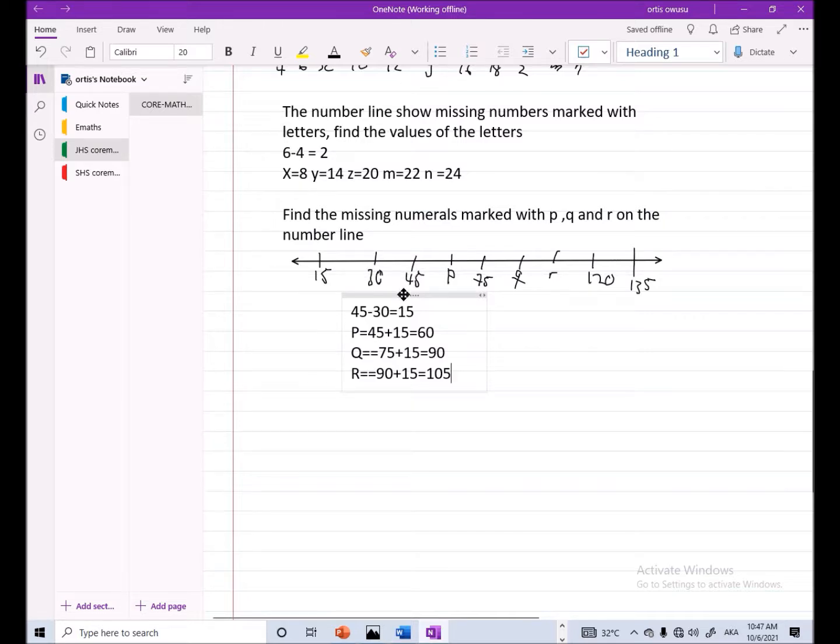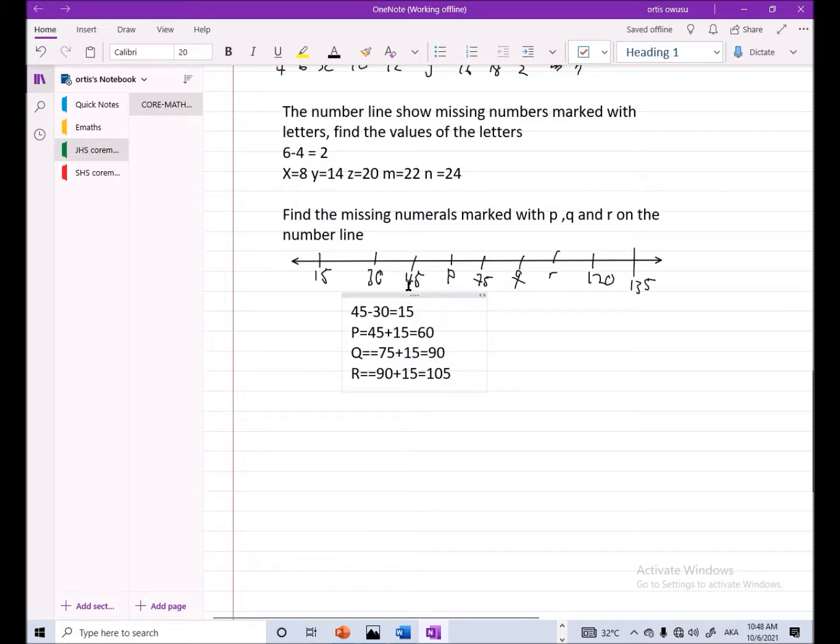So if you find the difference, it means that you know how the figures are moving sequentially, in 15 times. All right, so when you get it, whatever is next, you add the 15. So 45, what will be the P? Just add the 15 to the 45.